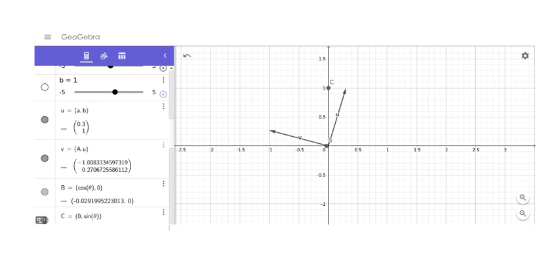I can take any general vector and rotate it using the matrix called A. So this is the significance of A.